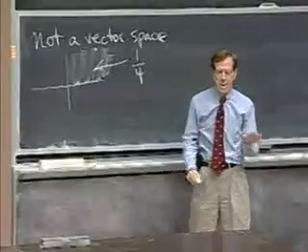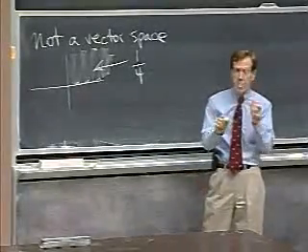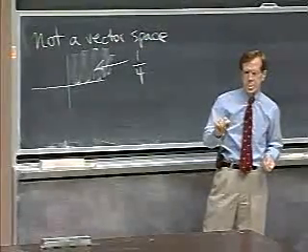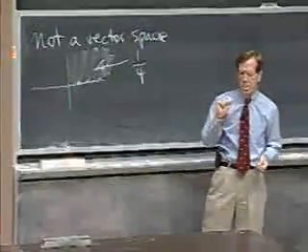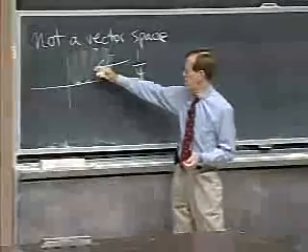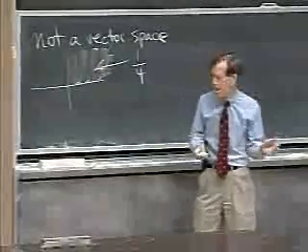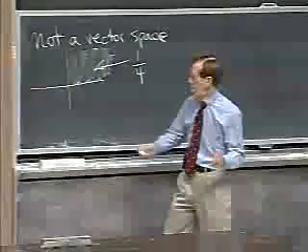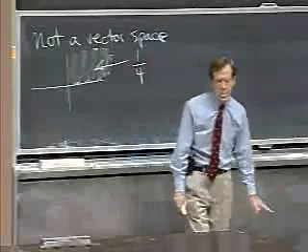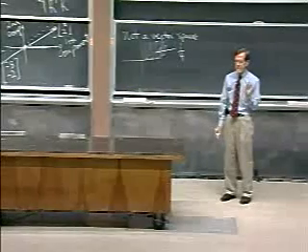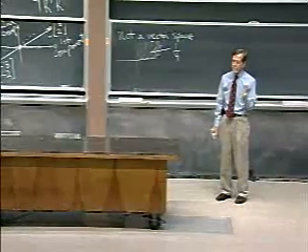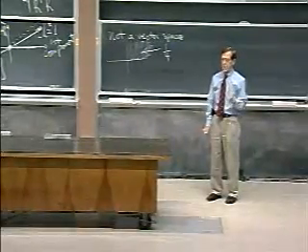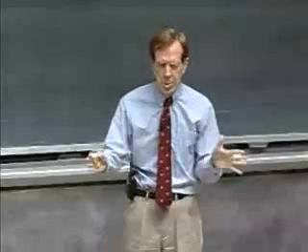No problem with adding. But there's a heck of a problem with multiplying by scalars, because there's a lot of scalars that will take me out of this quarter plane, like negative ones. If I took (3, 2) and I multiplied by -5, I'm way down here. So that's not a vector space because it's not closed, is the right word. It's not closed under multiplication by all real numbers.